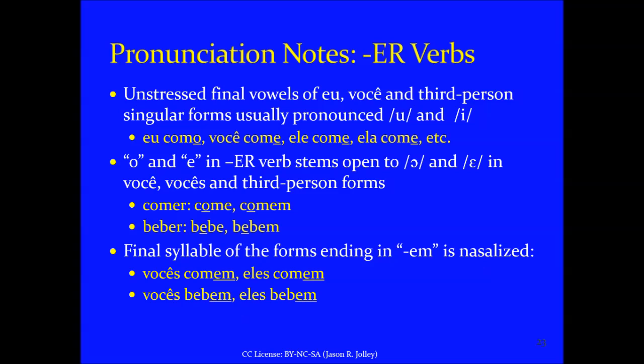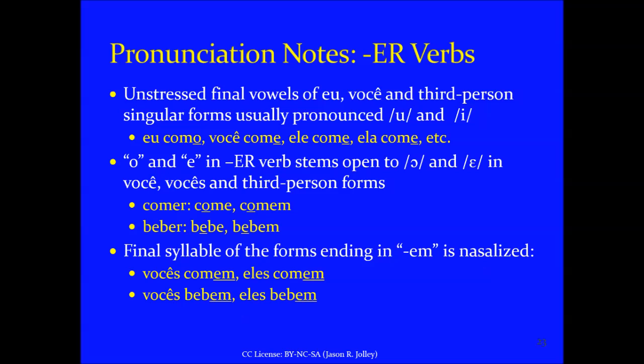And again, I'm going to introduce some pronunciation notes. This does get a little bit complicated, so you might want to rewind and take some notes on this particular slide. So, as with the AR verbs, the final vowels of the eu, você, and the third person singular forms are weakened. They go to u and e because they're in an unstressed position.